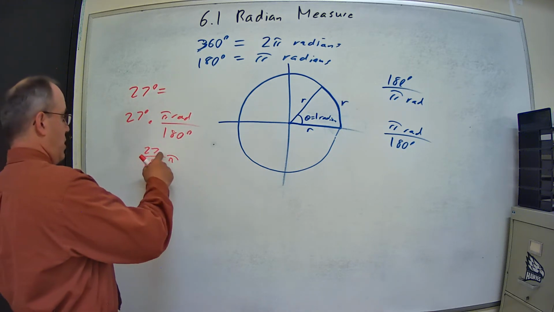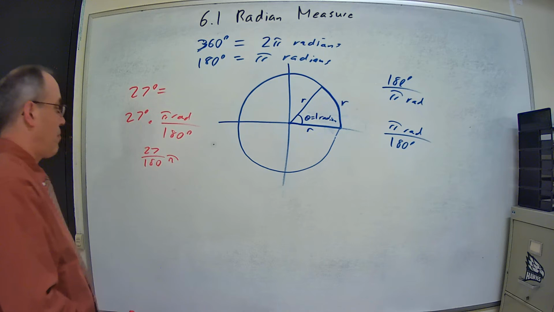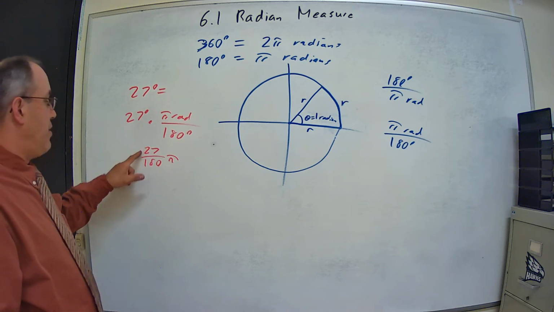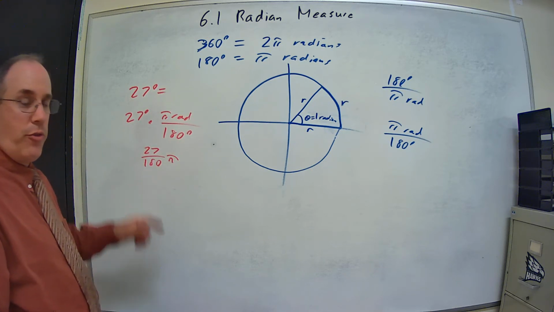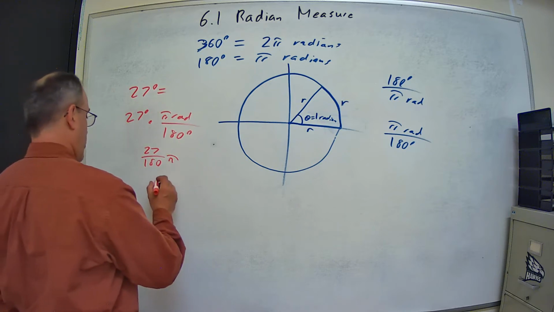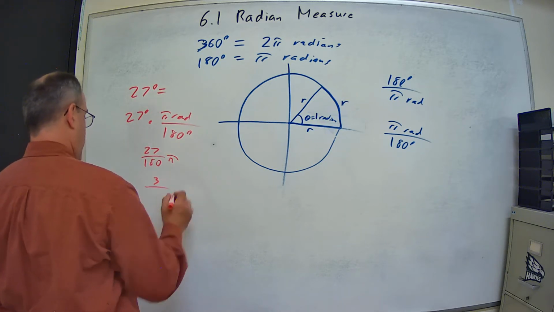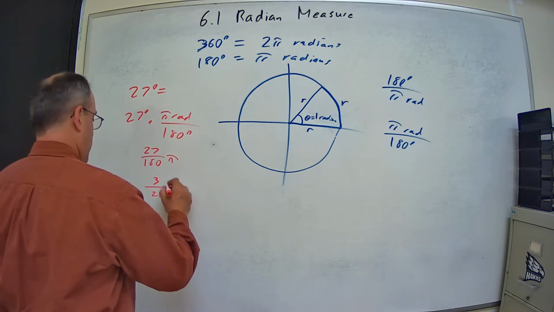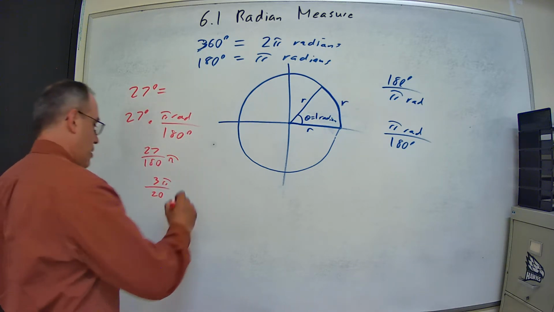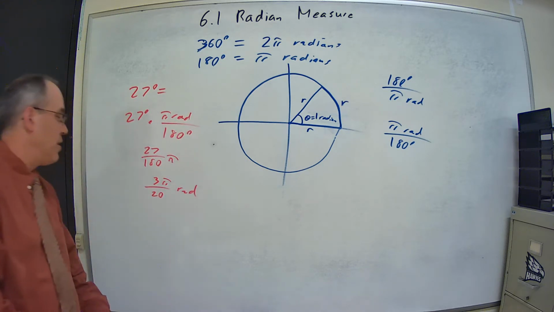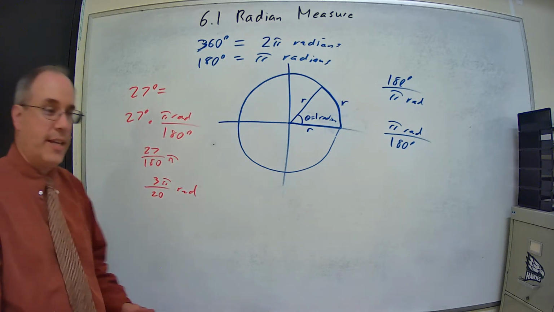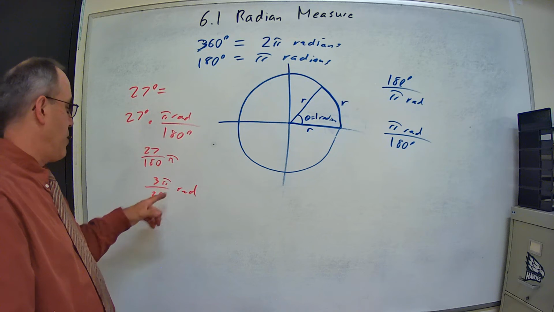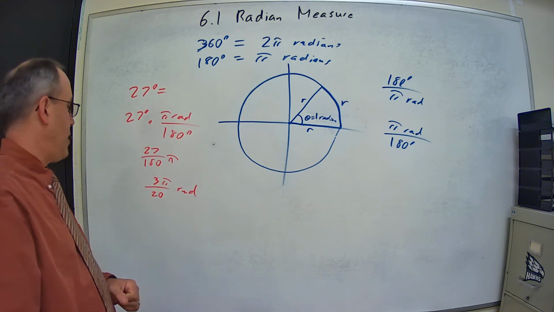We could actually simplify: 27 and 180 are both divisible by 9. So I have 3 over 20, or 3 pi over 20 radians. So no calculator necessary if I want to get an exact value. 3 pi over 20 radians.